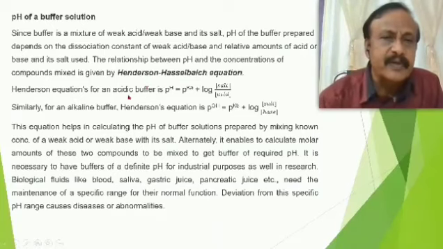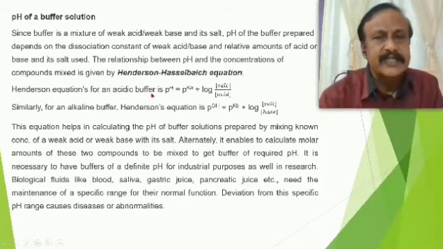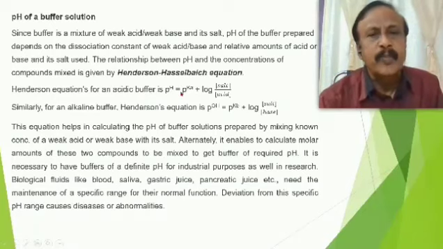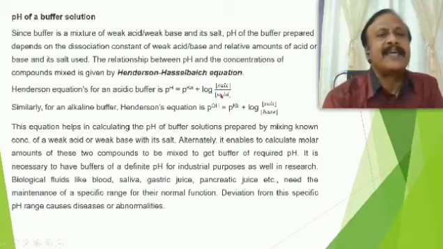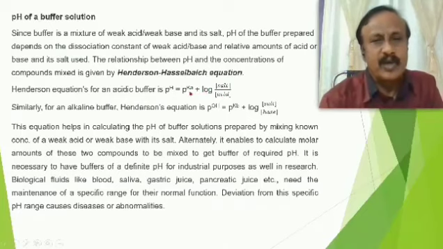For an acidic buffer, the Henderson equation is pH = pKa + log of concentration of the salt divided by concentration of acid. Now pKa is the negative logarithm of Ka, where Ka is the acid dissociation constant of the weak acid.